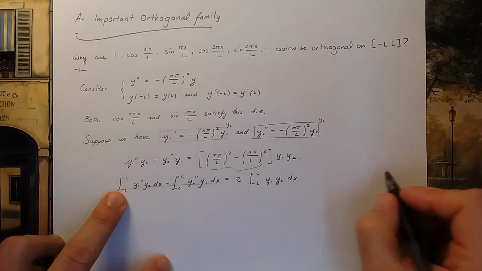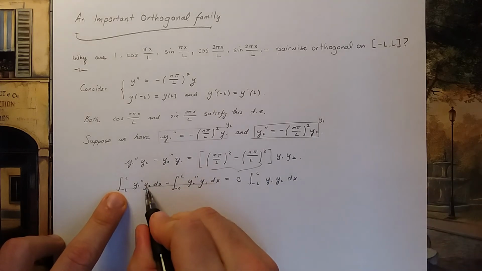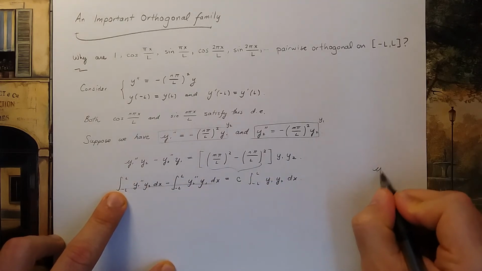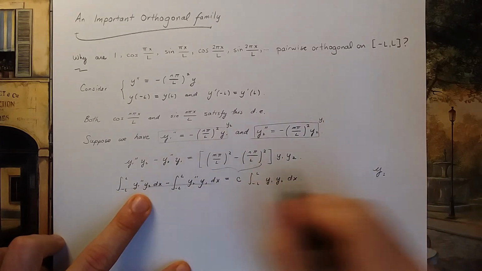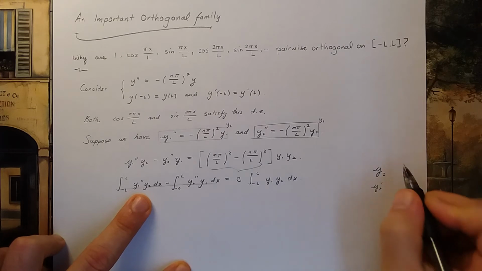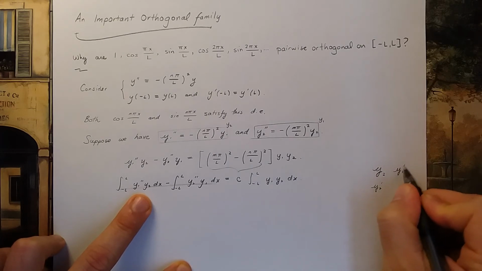Now when you integrate by parts, you get to differentiate one function and integrate the other. So for this first integral, it seems natural that I will differentiate the y2 and integrate the y1 double prime.